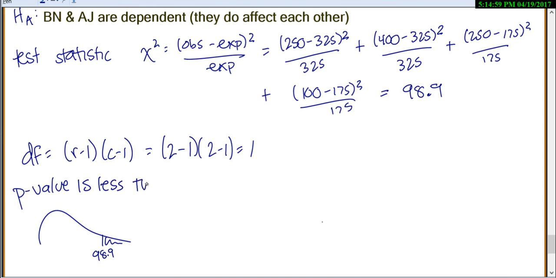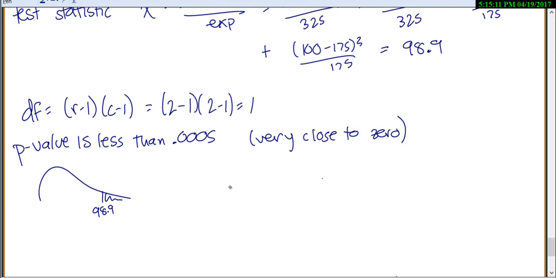P-value is less than 0.0005, but really very close to 0. My computer could tell me what the exact value was. But it's definitely small, so we'll reject our null, because it was a small p-value.